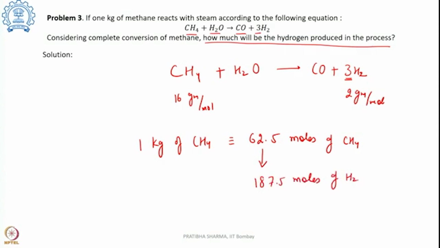There could be several ways of doing this, and that if converted using the molar mass will give us the amount of hydrogen being produced as 375 grams in the process. So, this way we can do very simple small calculations.